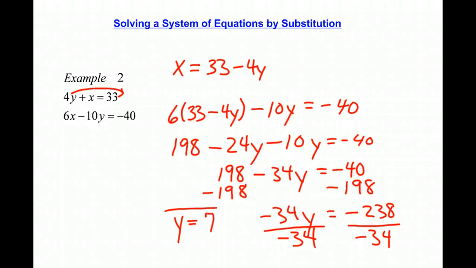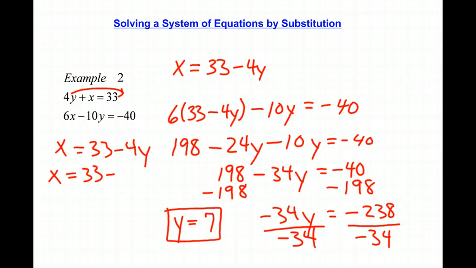So y is 7, and we can use that information to help us find x. x is equal to 33 minus 4y, according to this equation that we started with. And let's go ahead and put in our 7. So x is equal to 33 take away 28.